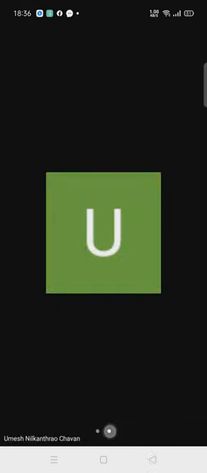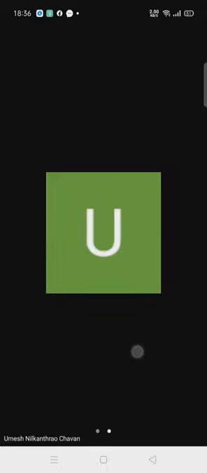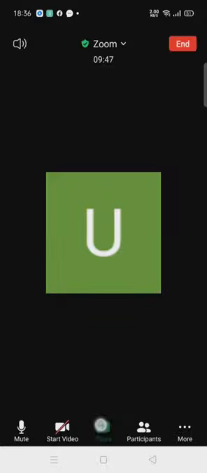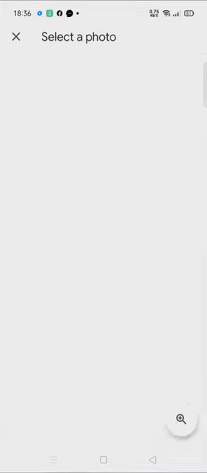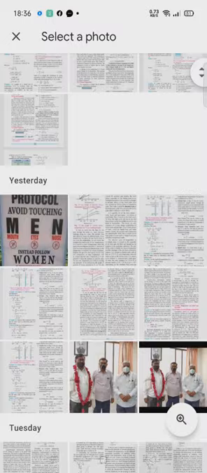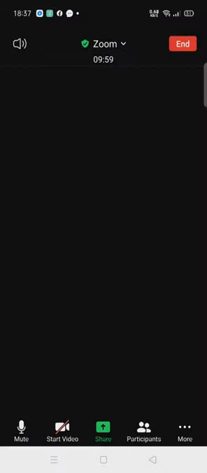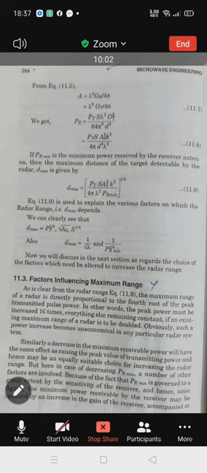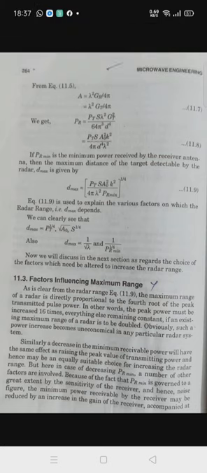We can write the equation A equal to lambda square GR divided by 4 pi, or lambda square GT by 4 pi, because we have just taken GR equal to GT.